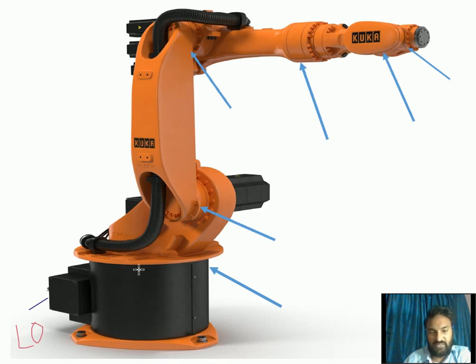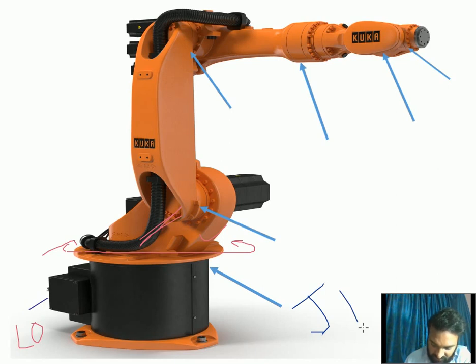So there is this type of movement here, a rotation is there. So this one is another joint. If this one is link 0 and this one is link 1, then this part is link 1. So this becomes joint 1, and that axis of rotation is axis 1.